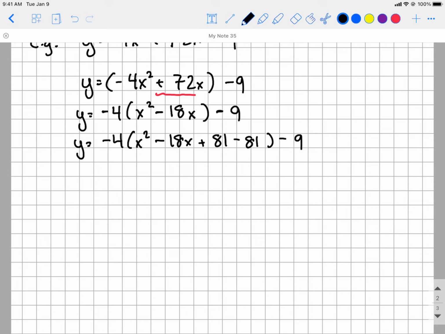Now we're going to move the negative term, which is the minus 81, out of the brackets. And again, we have to be careful here, so we're going to multiply it by our a value. But keep in mind, if you're multiplying a negative 4 and a negative 81, that changes things. So two negatives makes a positive.